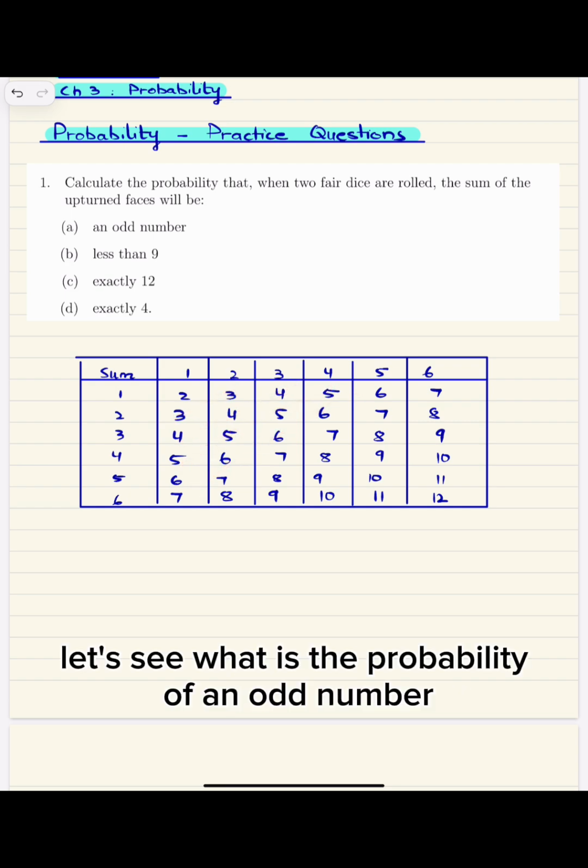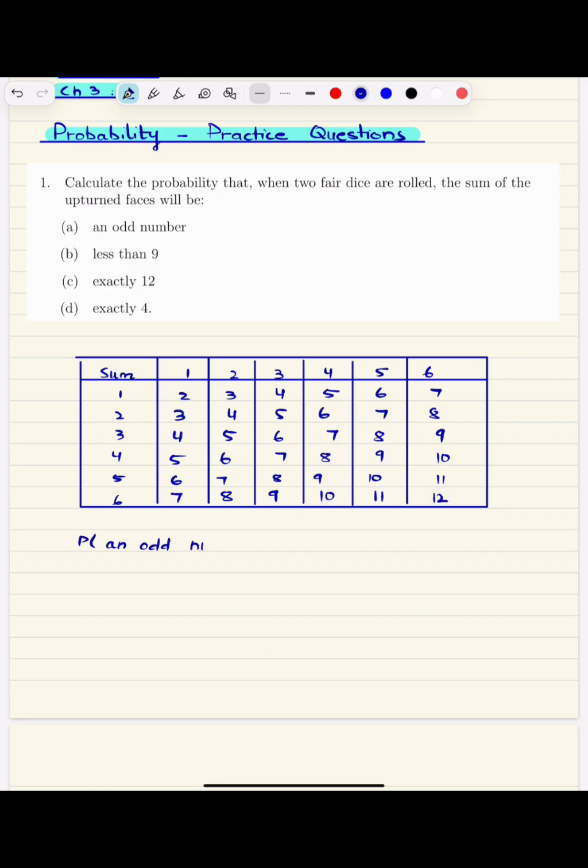Anyhow, let's see what is the probability of an odd number. So odd numbers are 3, 5, 7, and 5, 7, 9, and again 7, 9, 11.